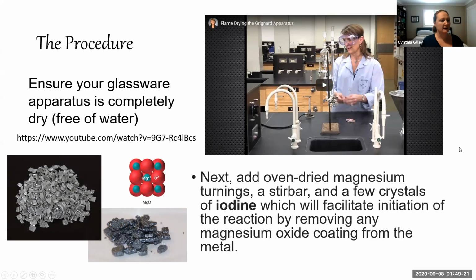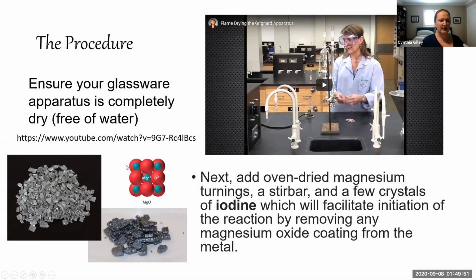So once you have the entire setup dry and free of any water present, then you will add some oven-dried magnesium turnings, which sometimes people grind up with a glass stirring rod or some other way of grinding up the magnesium just to expose a fresh surface of magnesium metal, because on the outside of the magnesium turnings is magnesium oxide.